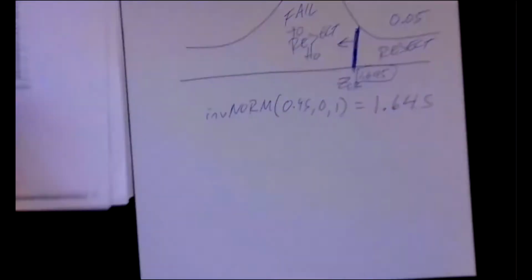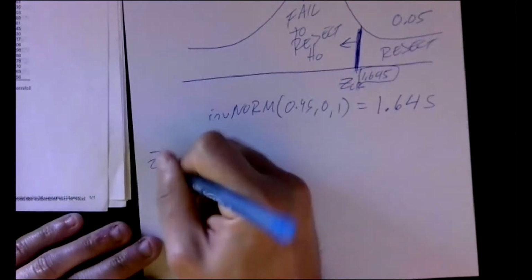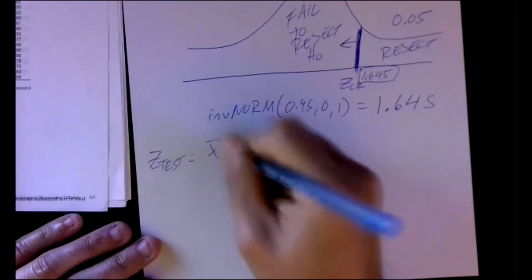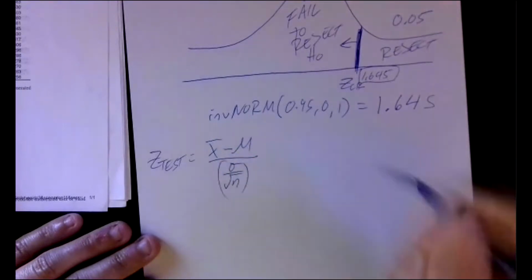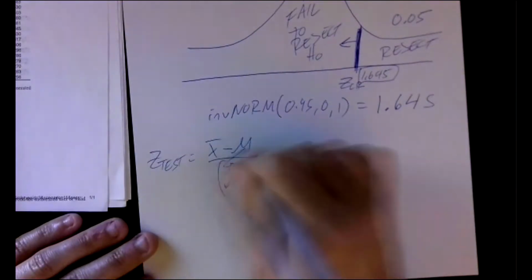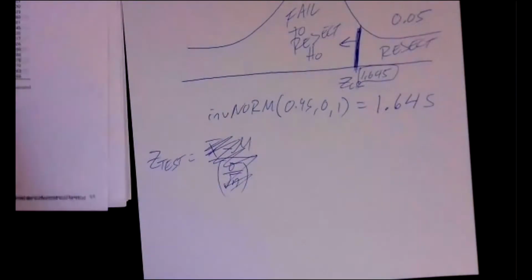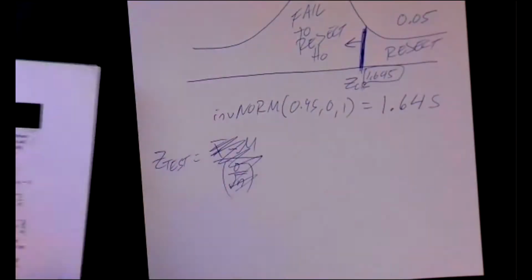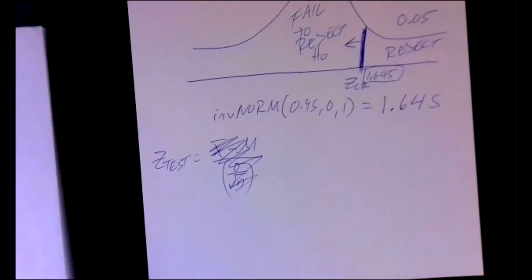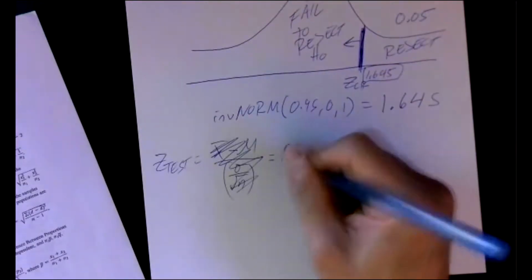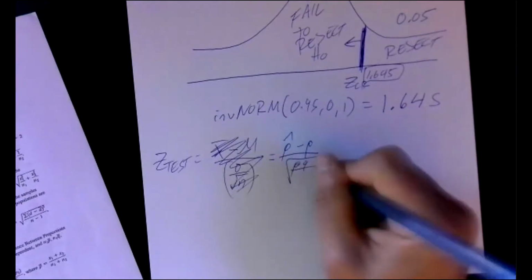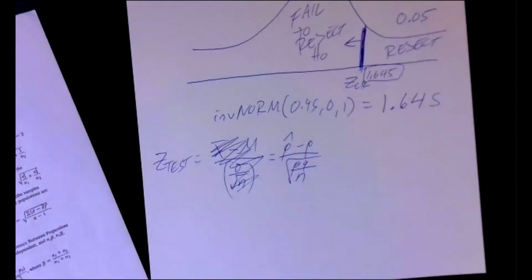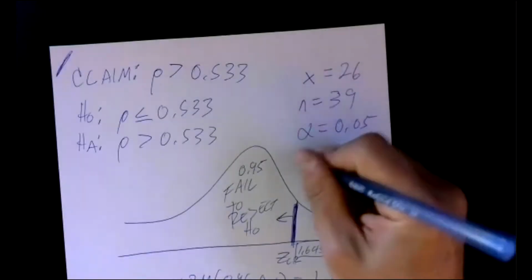Let's find the test statistic. X bar minus mu over sigma over the square root of n. That's the wrong formula. We're using proportion. So the formula we're going to use is p hat minus p over square root of p q over n. Now in this problem, we don't have p hat. Doesn't mean we can't find it.